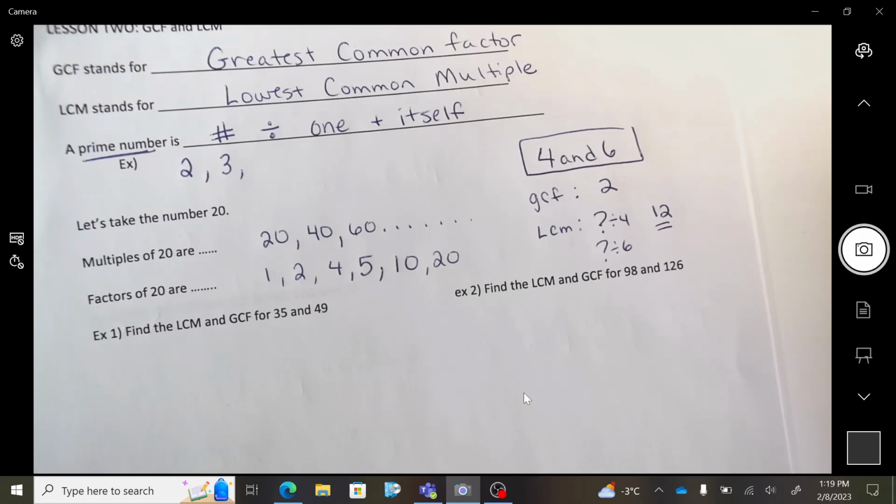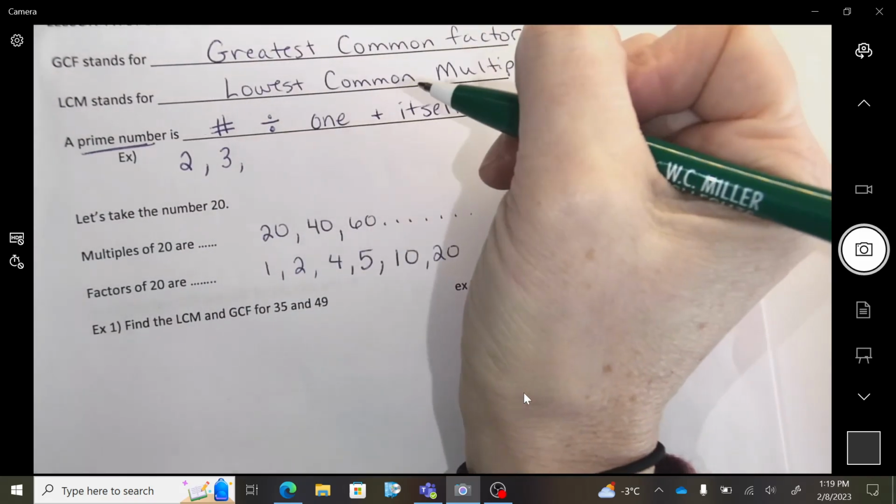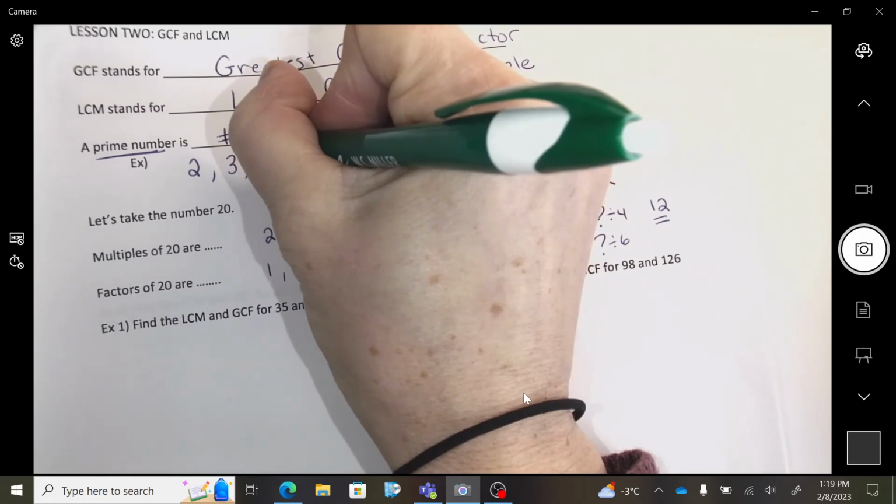Are you okay if I tell you that 2 is the only even prime number? That's it. Because once you hit 4, you can divide it as 1 and 4 or 2 and 2. 6 is 1 times 6, 2 times 3. So we're done with even numbers.